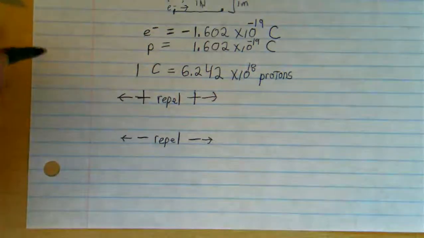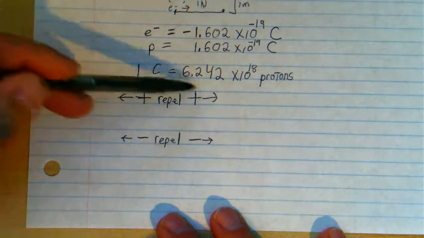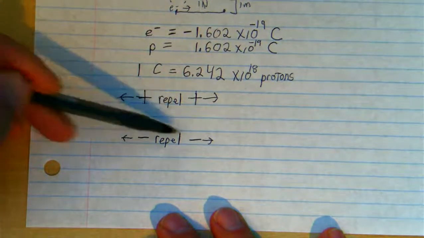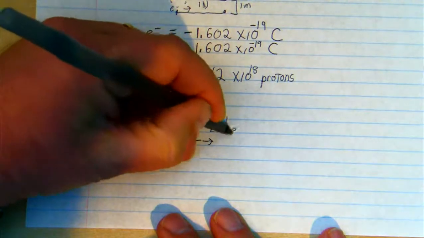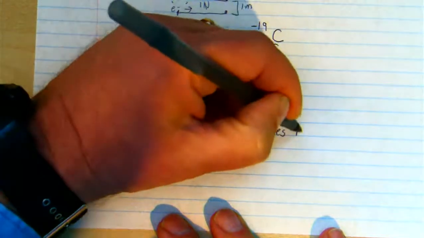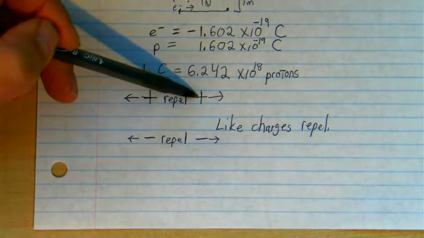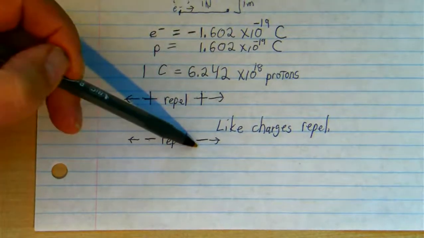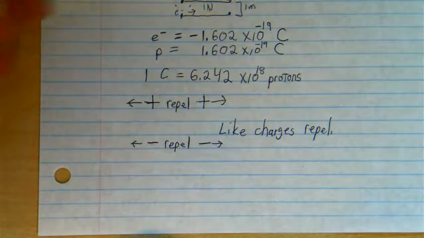They also repel. So based on the fact that positive charges repel and negative charges repel, we have you memorize like charges repel. Like meaning if they're both positive or if they're both negative, that's what we mean by like charges.